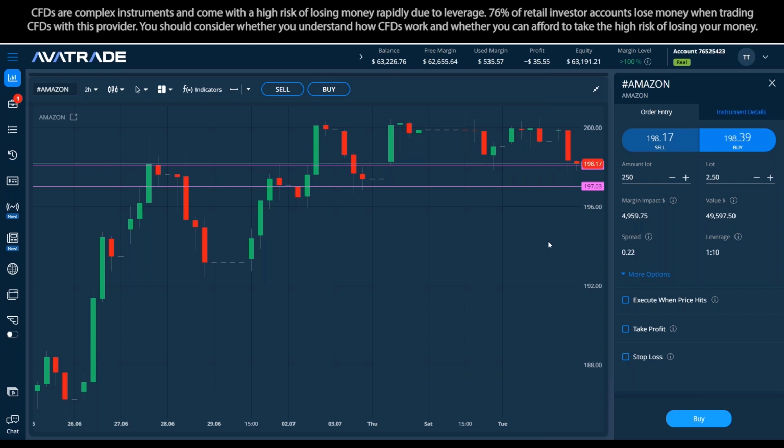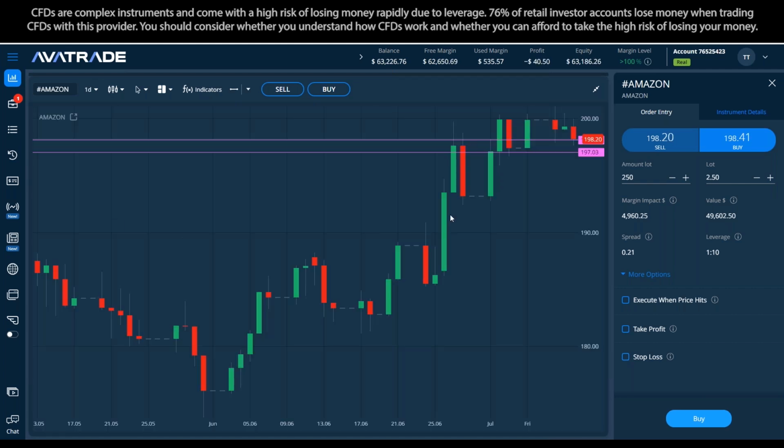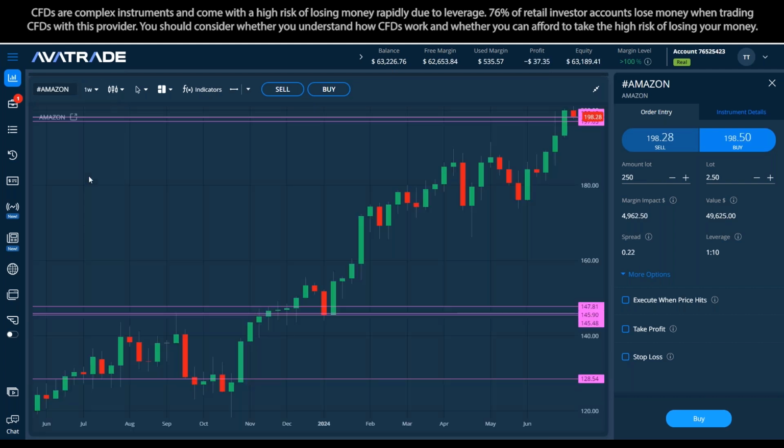And where could I take profit? Well, the signal said up above 200, 210, up in that area. So if I go back to one-day candles now, or 1 week, we can start to look to see, is there any resistance above? And what we find is these stocks are at all-time highs, some of them, especially the tech stocks.